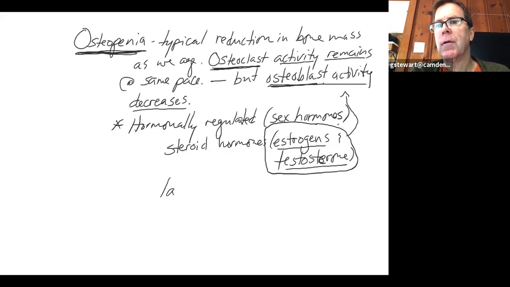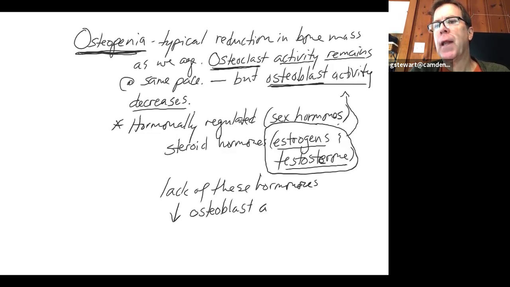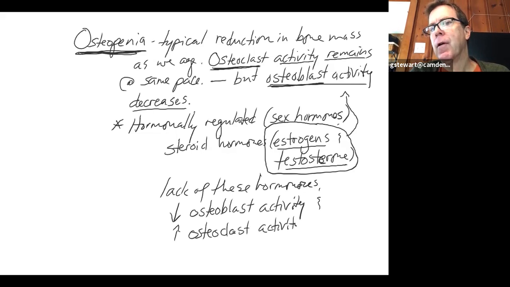So lack of these hormones causes a decrease in osteoblast activity and a slight increase, really it almost stays the same, in osteoclast activity. That is why aging people, their bones decrease in mass.